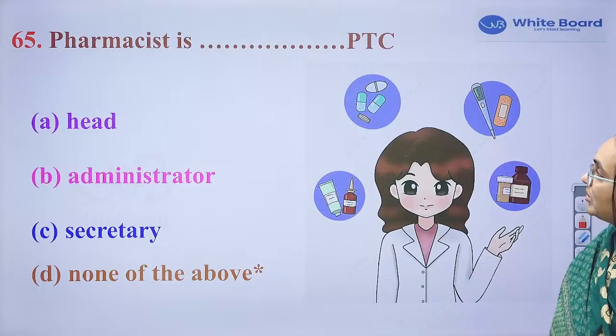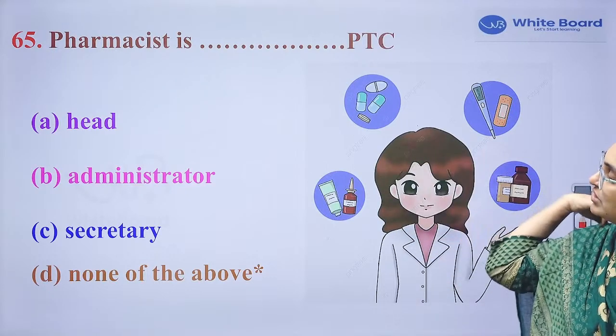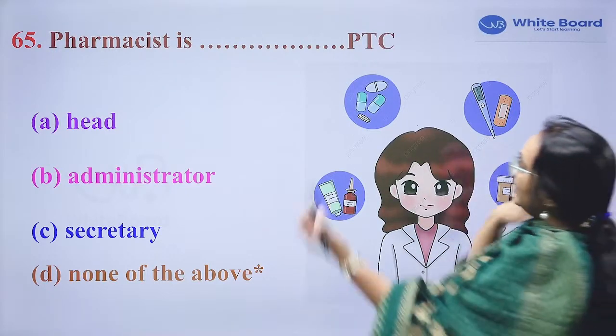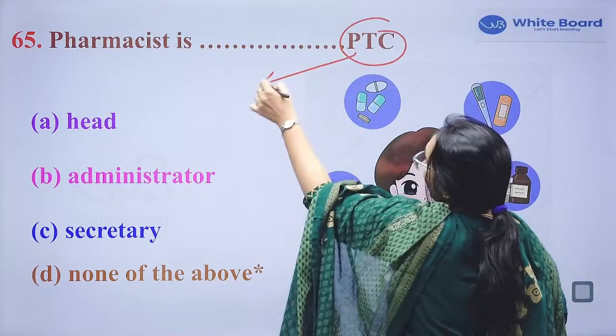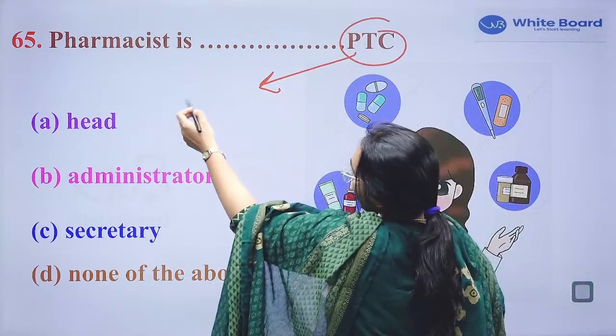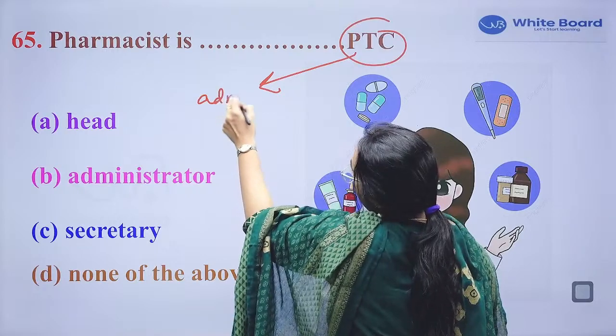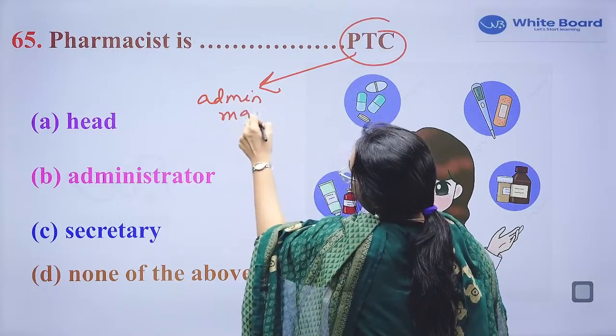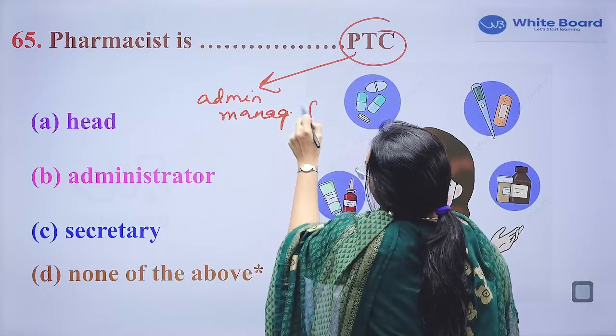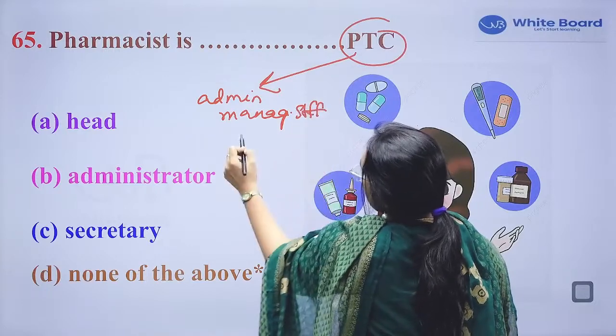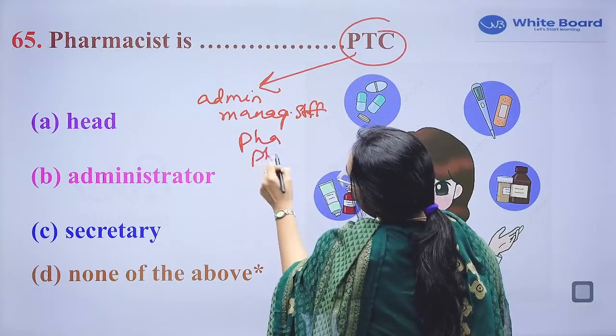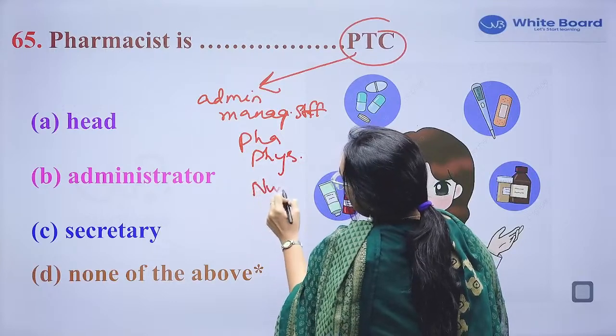Next, pharmacist is head, administrator, secretary. So, here PTC consists of a group of admin, managing staff, and also includes pharmacist, physician, nurse.